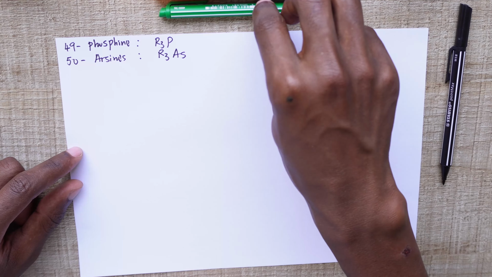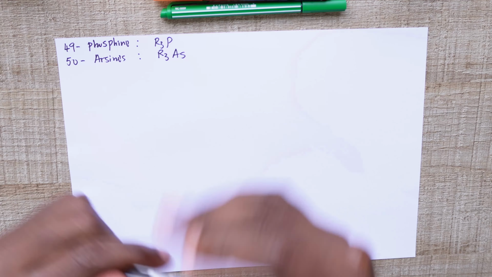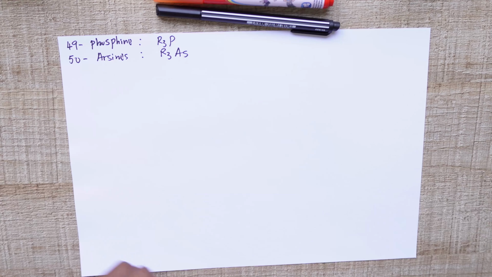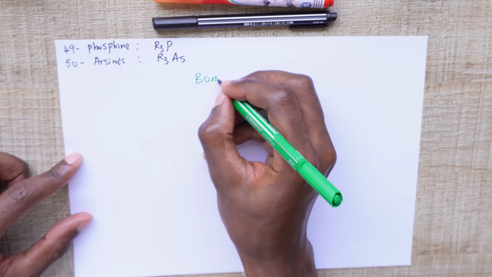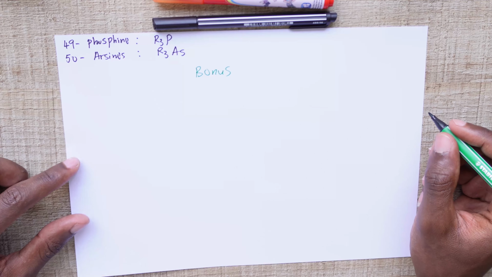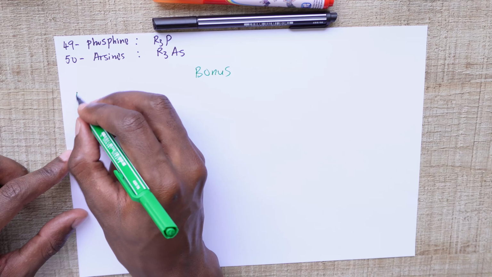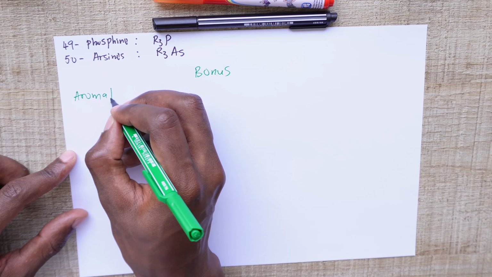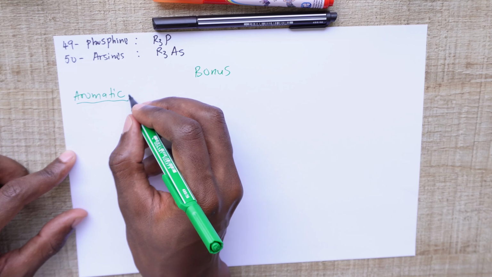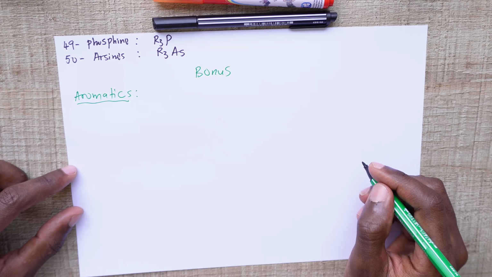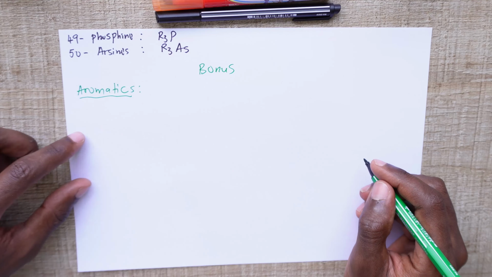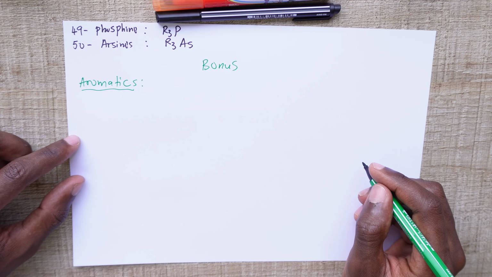So let me change the color. So let's see the bonus. Okay. And we are going to move to the aromatic compounds. Alright, so seize this opportunity to bring up your number of points.